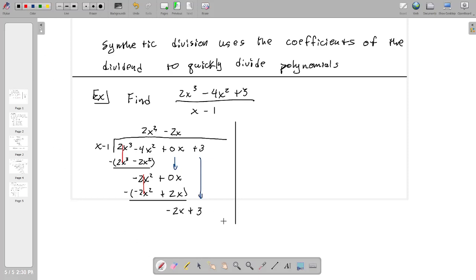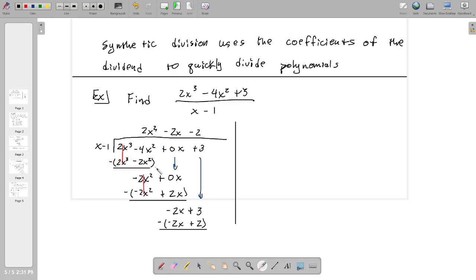It's 3 here. And then we have to figure out something times x that gives us a negative 2x. That will be negative 2. Negative 2 times x is negative 2x. Negative 2 times negative 1 is a positive 2. And then we subtract again. Again, don't forget to distribute your negative.